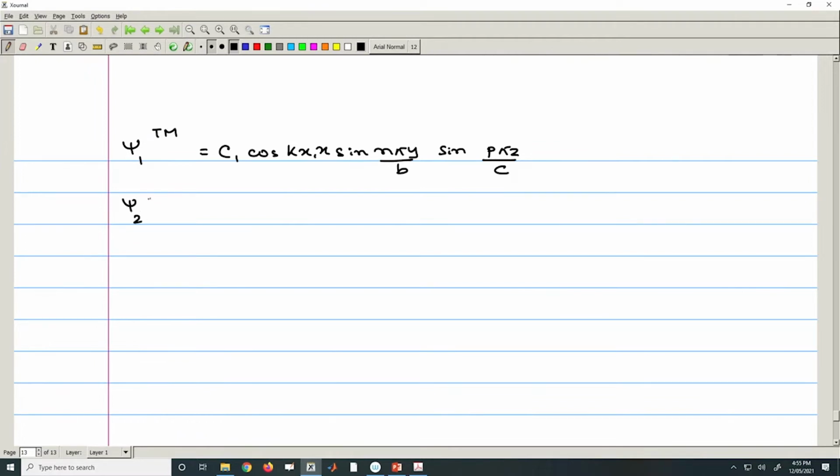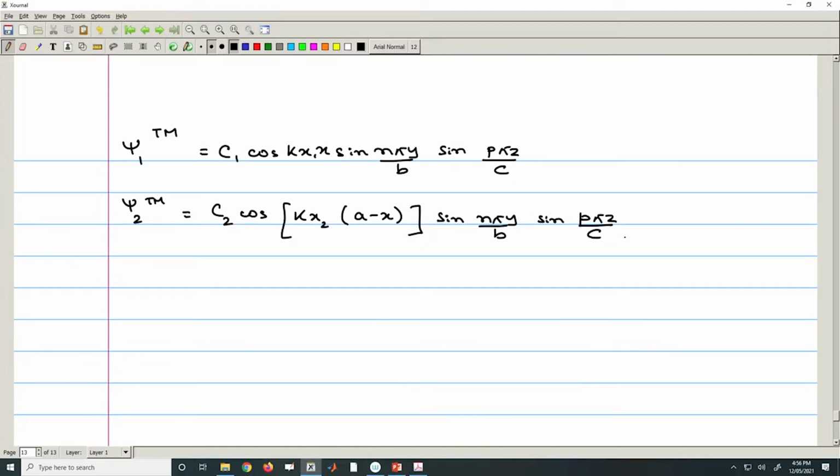Similarly, psi 2 TM will be C2 cos of kx2 (a minus x) sin of n pi y by b sin of p pi z by c. So, these are the psi functions, and now we will find all the fields and then from the continuity equation we will try to find the transcendental equation.